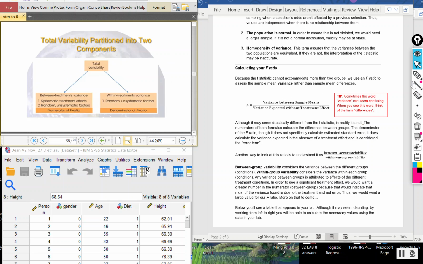So we wish that there will be change when it comes to water versus coffee versus alcohol. That's what we expect there to be a change in, and this is what's known as systematic treatment effects.